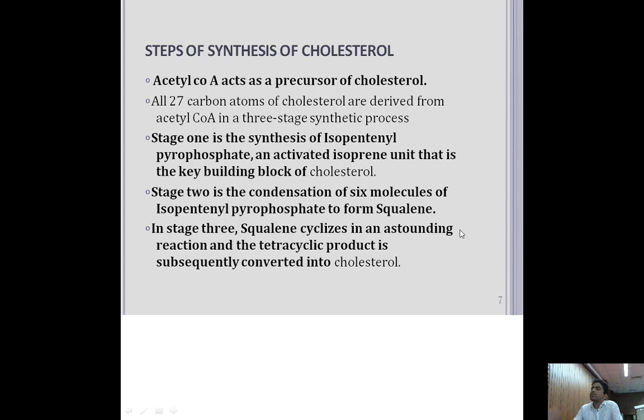I'll tell you the number of carbon atoms in each also, and you have to write the carbon number also. And in the third stage, you'll write that from squalene, cholesterol is formed. Mostly I highly doubt that synthesis of cholesterol will come, but if you write this much, it is okay. But at each term, you have to write how many carbons are present in these molecules: acetyl coenzyme A, isoprene, isopentenyl pyrophosphate, then squalene and cholesterol.